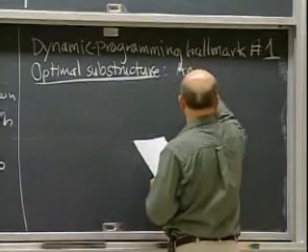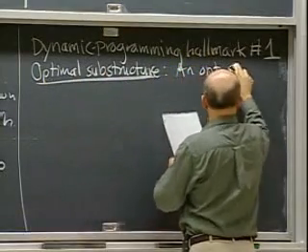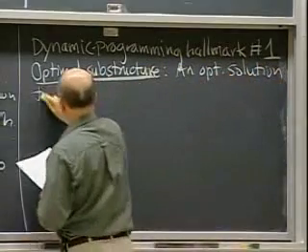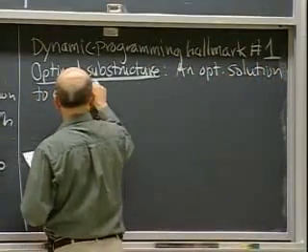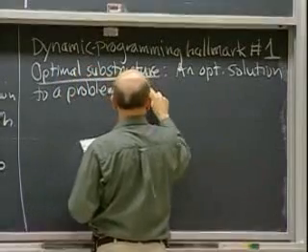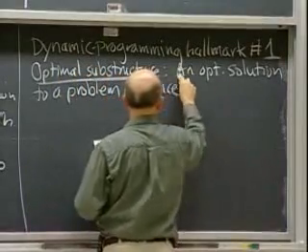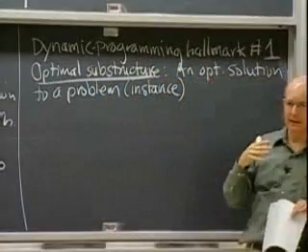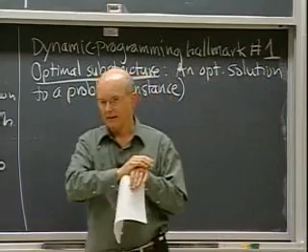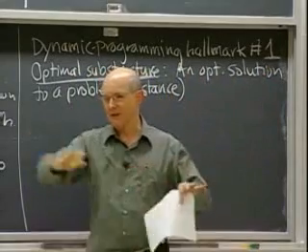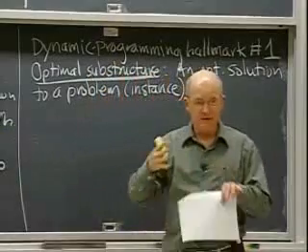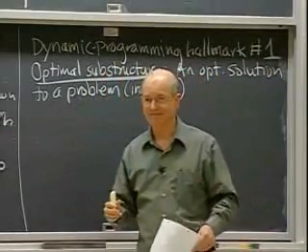What that says is an optimal solution to a problem. And by this we really mean problem instance, but it gets tedious to keep saying problem instance. A problem is generally in computer science viewed as having an infinite number of instances typically. So sorting is a problem.